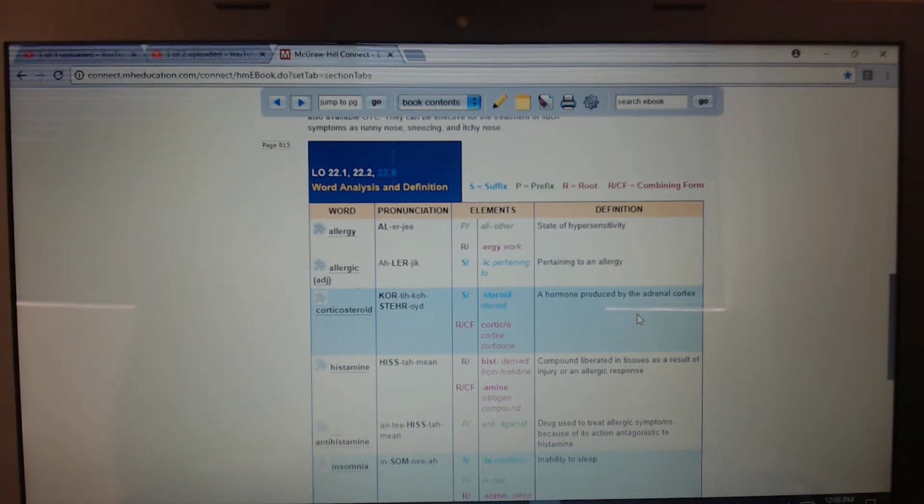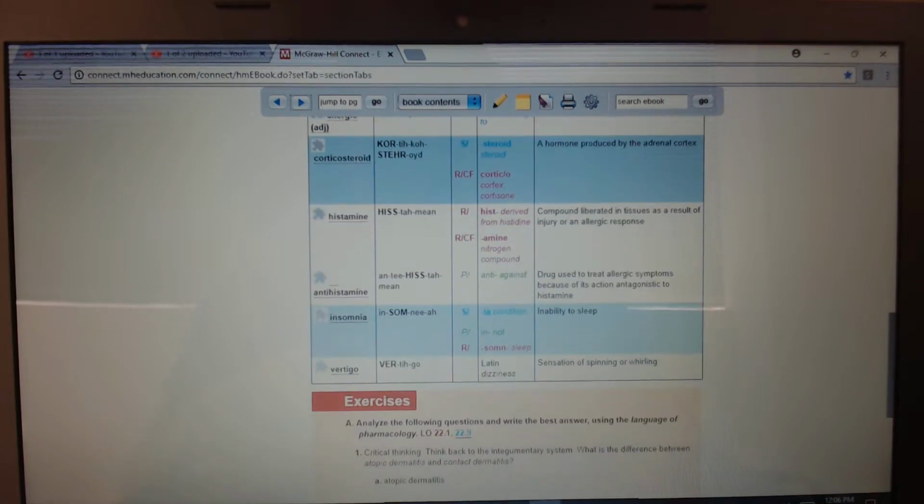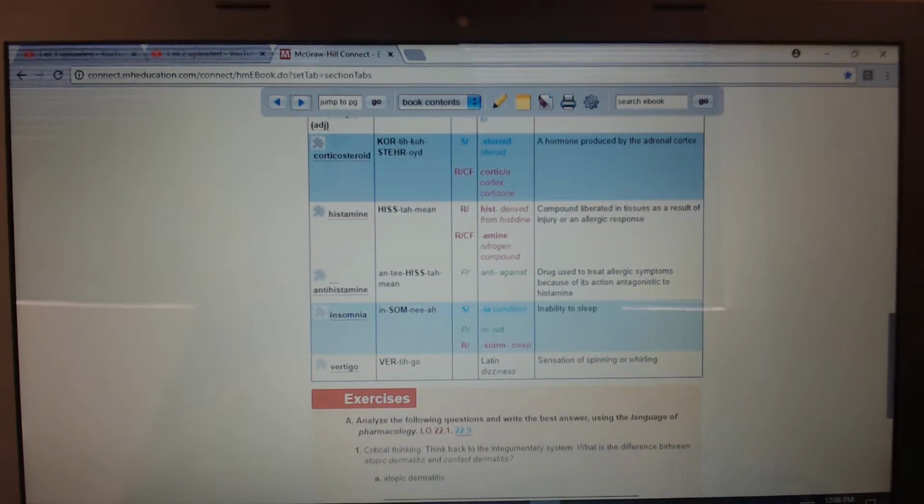Our terminology: allergy is a state of hypersensitivity. Allergic is pertaining to allergy. Corticosteroid, cortico means cortex or cortisone, a hormone produced by the adrenal cortex. Histamine, hist is derived from histidine, and amine again is a nitrogen compound.